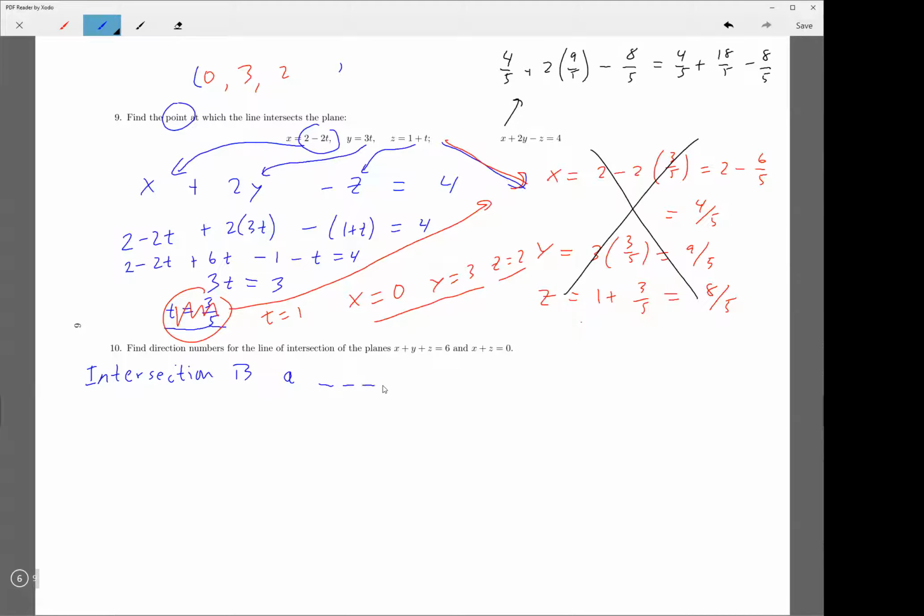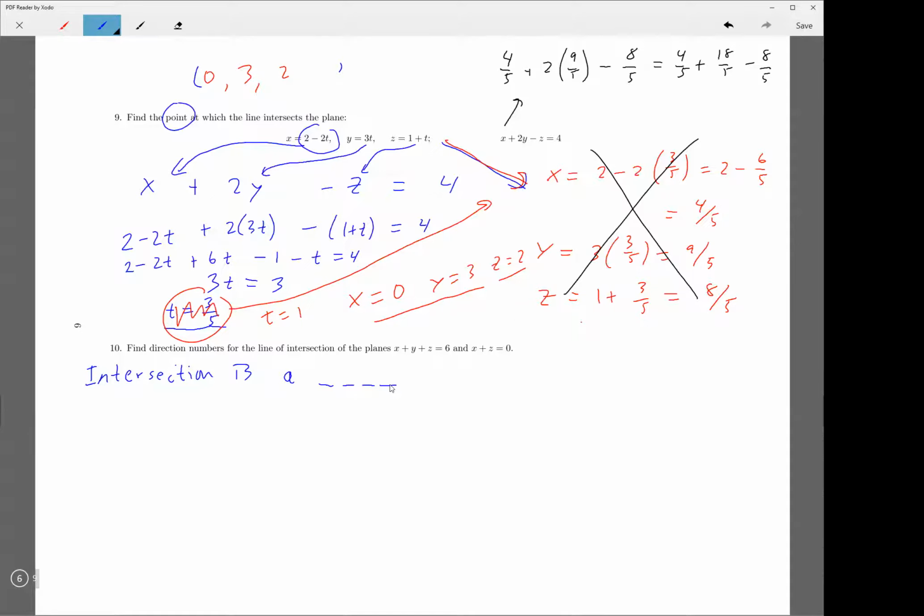It's a 4-letter word. So the intersection of two lines is? A point. No, point is 5 letters.